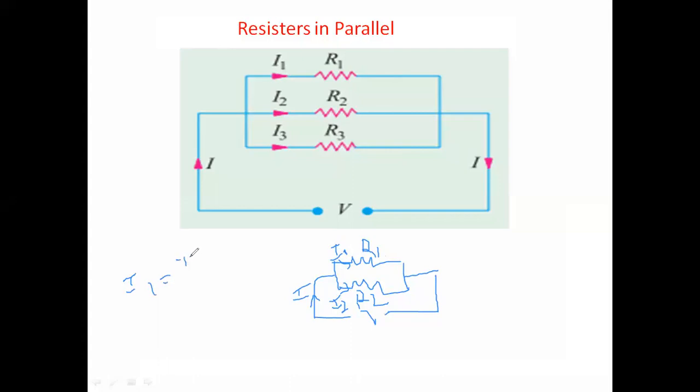total current I into, we have to find the current through R1. In such a situation we have to consider the opposite resistance R2 by R1 plus R2.